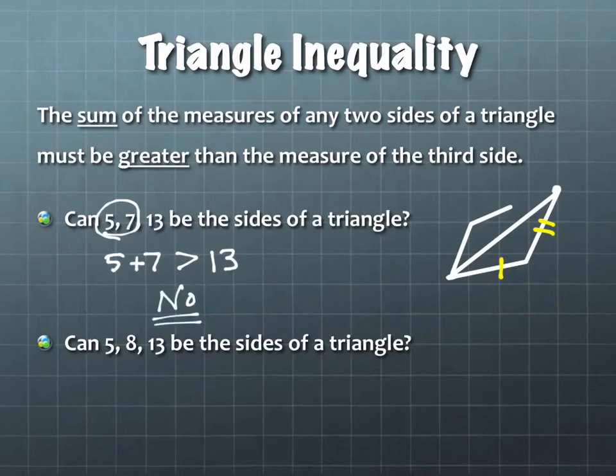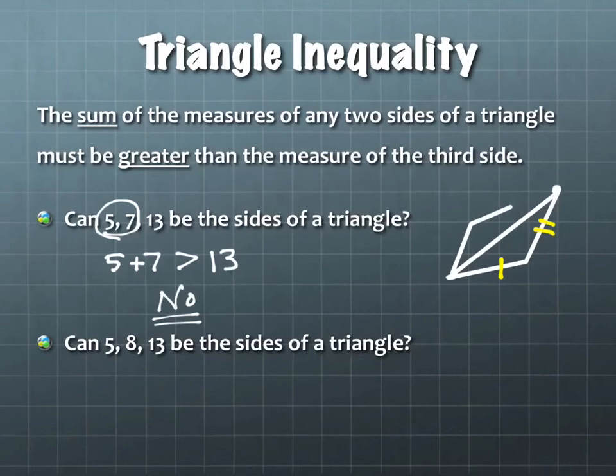So if I had side lengths of 5 and 7 and 13, they will not form a triangle. 13's too big. If the number had been 11, I'd be good to go. 5, 7, 11, I'd have a triangle. Now, I don't know what kind of triangle it is. Obtuse, right? Whatever, it doesn't matter, but it would be a triangle. This one is not. They cannot be the sides of a triangle.